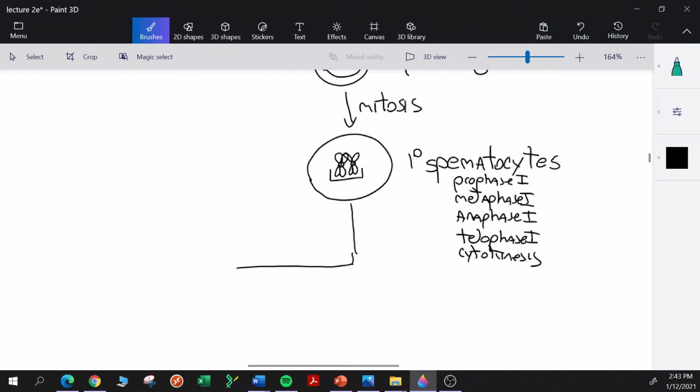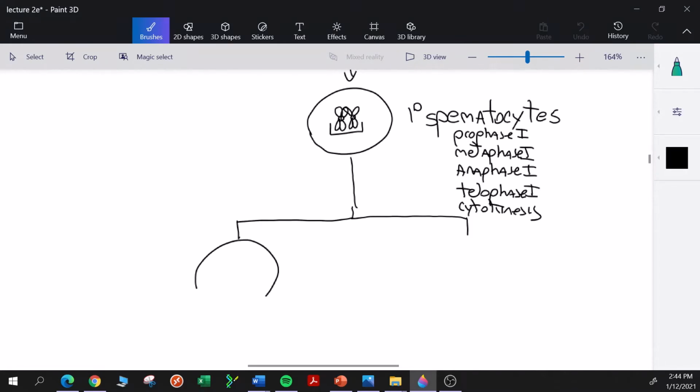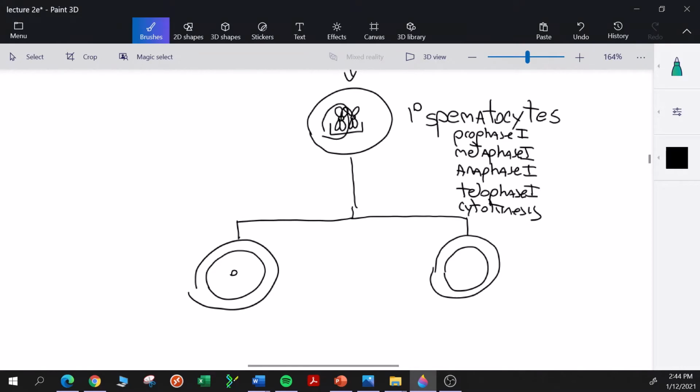And as a result, now that we already went over Meiosis 1, we can probably predict what the products of Meiosis 1 will look like with respect to their chromosome content, right? Essentially, one of these things up here is going to go to one of these cells down here, and the other one is going to go into the other one. Like this. Now these are called secondary spermatocytes.